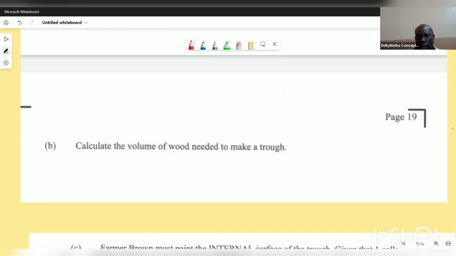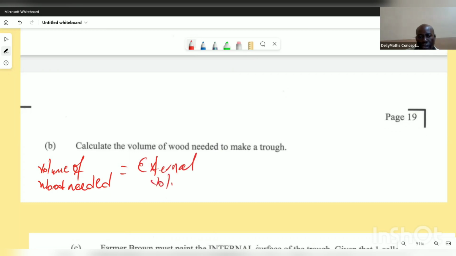So we could come up with a quick formula: the volume of wood needed is equal to the external volume, subtract the internal volume or capacity, which we just found.